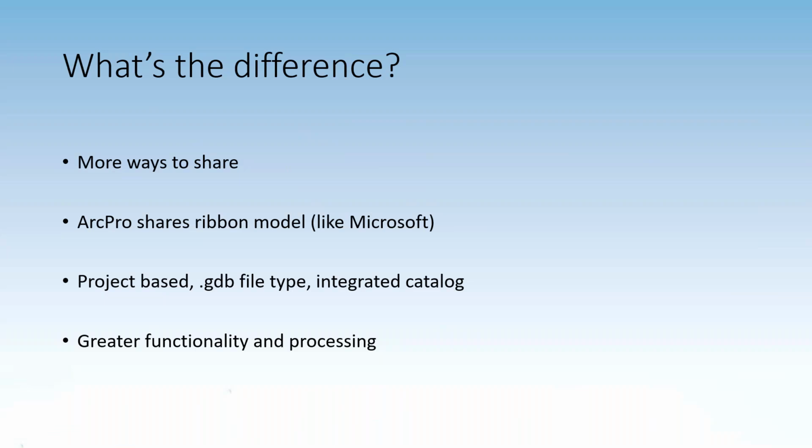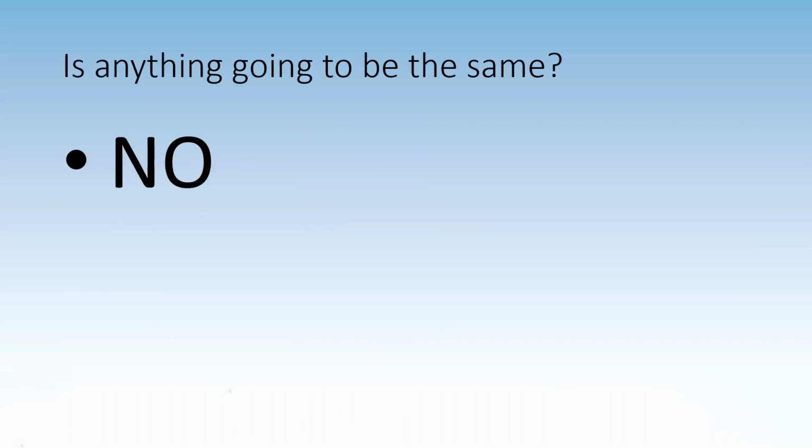Catalog is also built in now, and there are tabs that allow us to work with our geoprocessing tools, view attributes, and things like that. So in other words, it's bigger, better, faster, stronger, and we can process 3D more efficiently. Of course, nothing's going to be the same, but remember that you are not growing if you're not uncomfy.